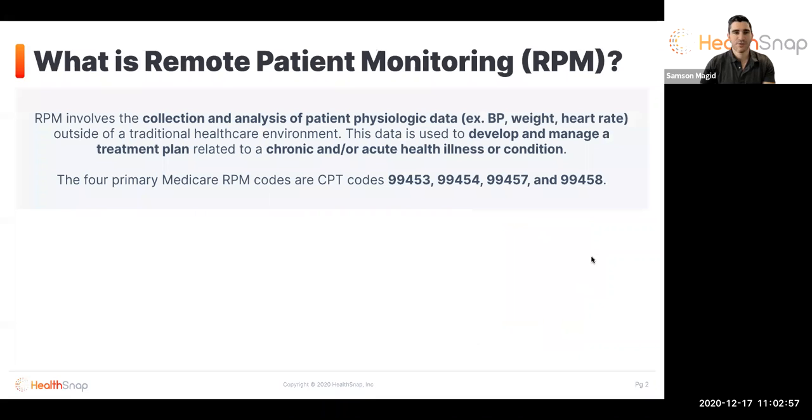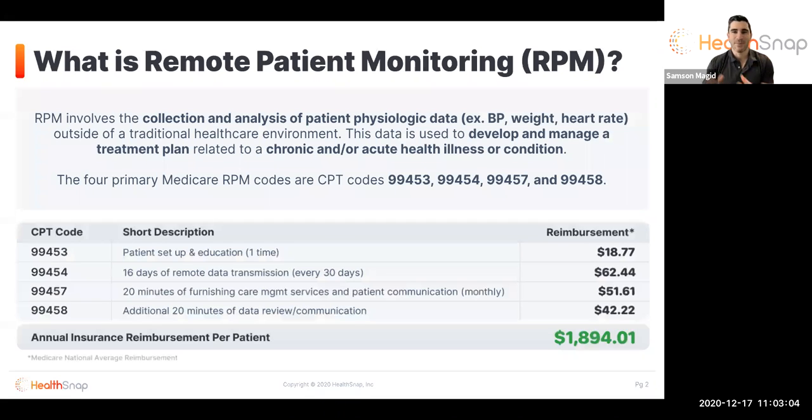So I'll start off with just a basic overview of what remote patient monitoring is. At HealthSnap, we always say the phrase that chronic conditions happen outside the clinic, and so should patient care. And remote patient monitoring is just that. It involves the collection and analysis of patient physiological data, that could be blood pressure, weight, resting heart rate, glucose readings, outside of a traditional healthcare environment, i.e. the patient's home.